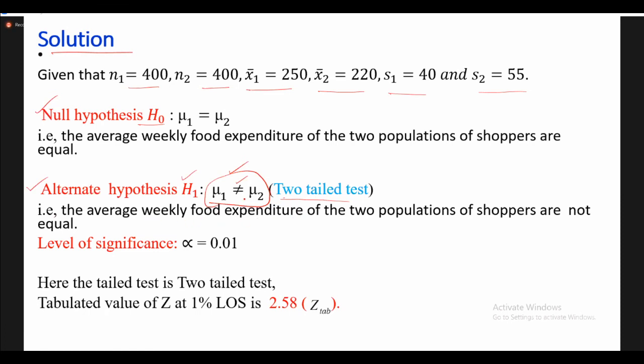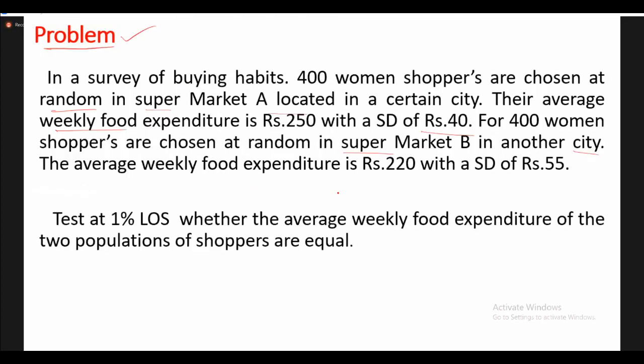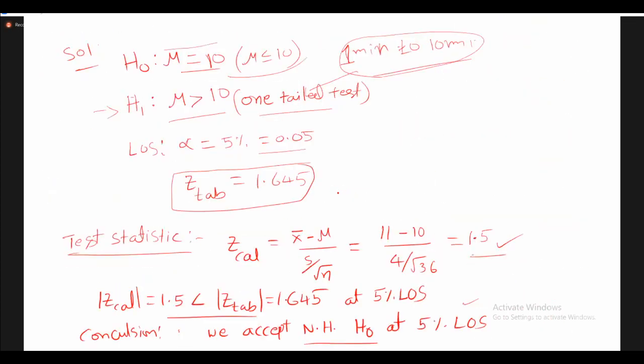All of you understood why I have taken not equal to. In the question, they didn't give any condition or hint about the alternative hypothesis. So H1 is mu1 not equal to mu2, that is a two-tailed test. Alpha is given as 1% level of significance and the test is two-tailed. We have to see the table value.